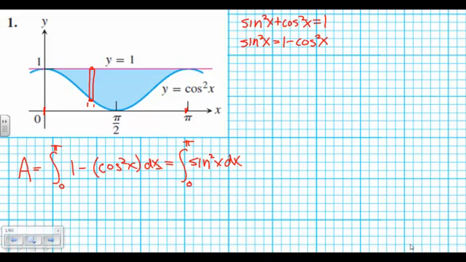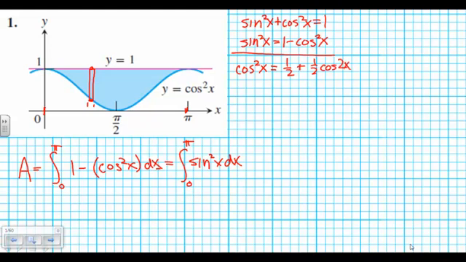Now, that step is okay, but there's one other identity that we need. I'm going to write two identities here because they both tend to be helpful, and they show up whenever we see sine squared or cosine squared. Besides the Pythagorean identity, I want to note that cosine squared x is equal to 1/2 plus 1/2 cosine of 2x.